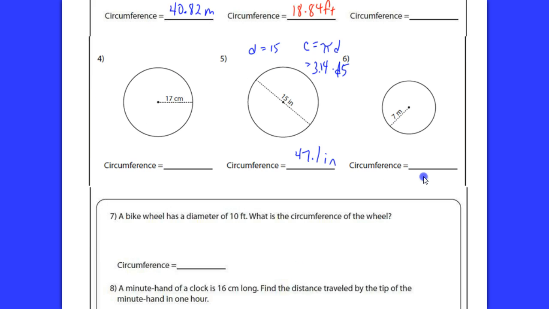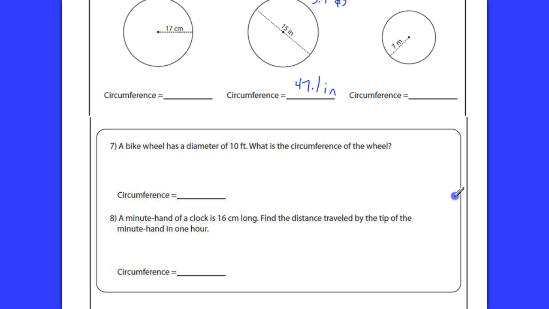If we go down and take a look at these word problems, let's just do number 7. There's a wheel on a bike that has a diameter, let's draw just a nice little quick circle there, of 10 feet. You want to find the circumference. I just drew the picture of what I read.